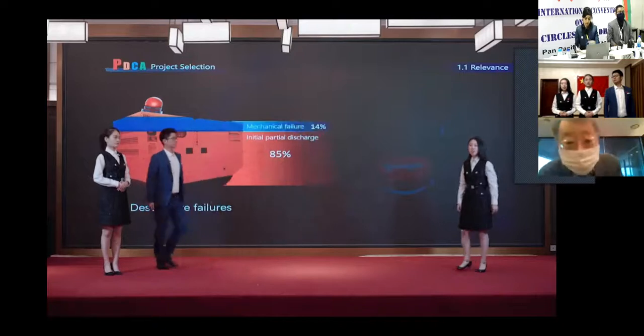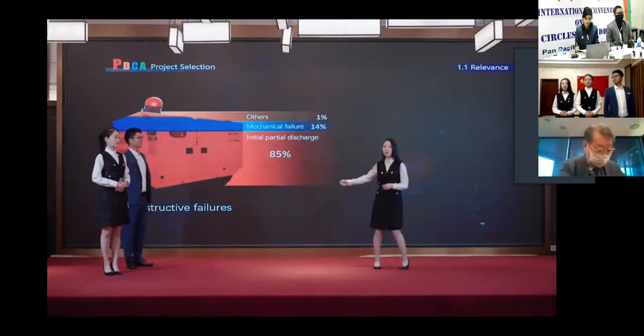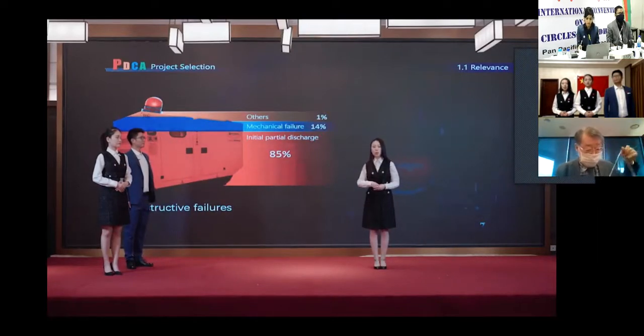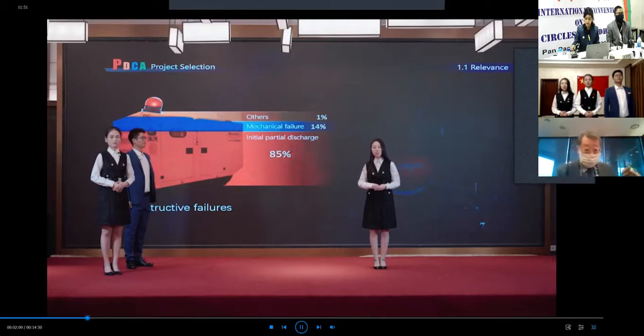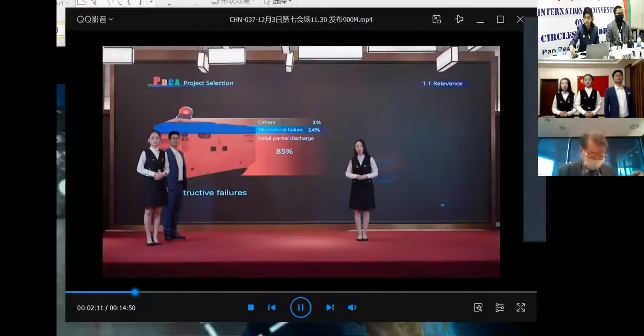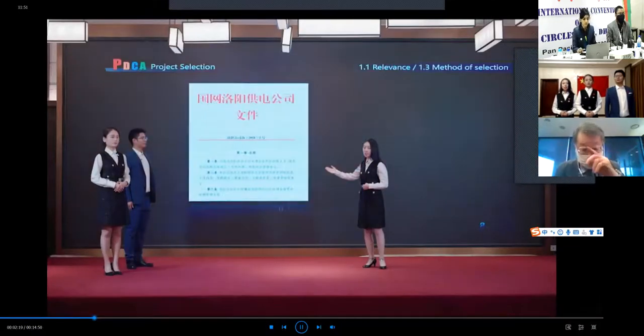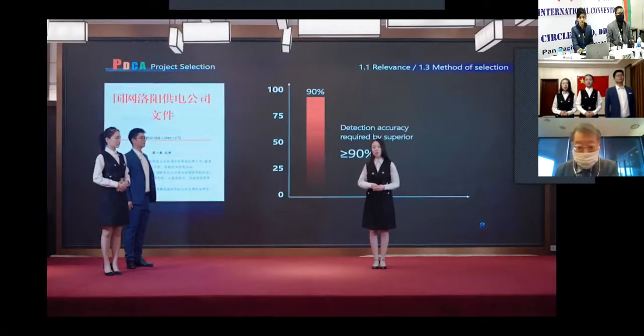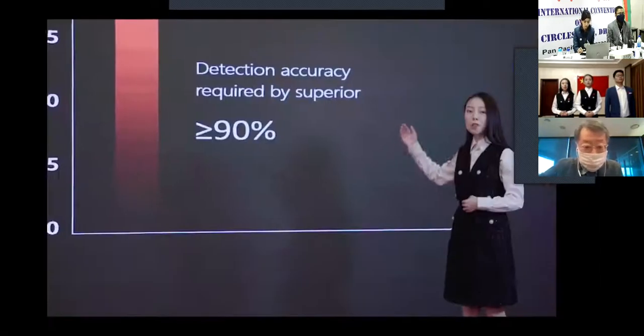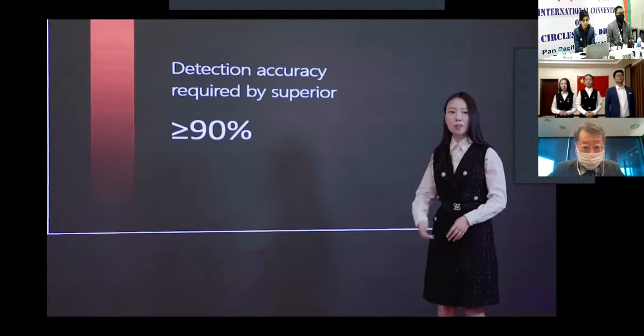According to statistics, 85% of destructive failures in switchgear were due to partial discharge during the 20 years from 1997 to 2017. Therefore, in 2017, our company launched the partial discharge business and required the detection accuracy rate to be no less than 90%.